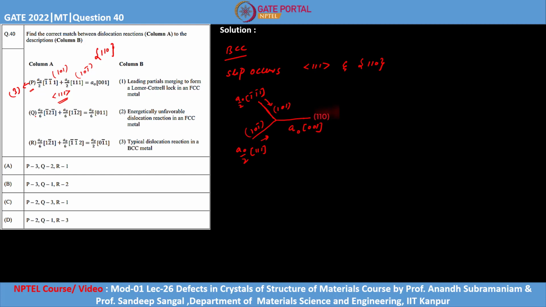Now coming to option Q. Two dislocations are merging to form a new dislocation, which is a0/6 of 011.